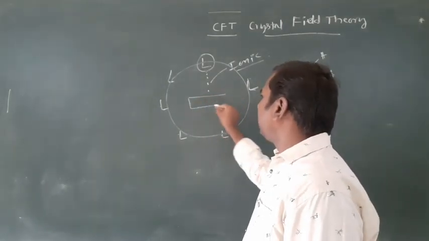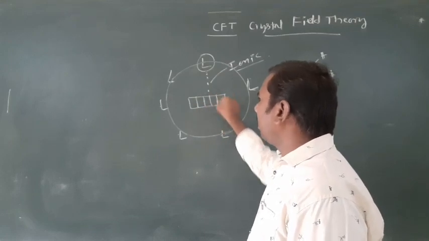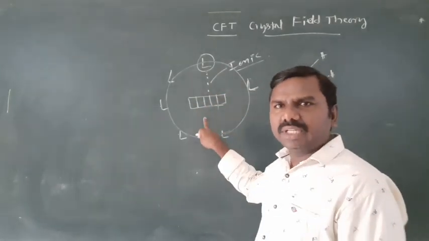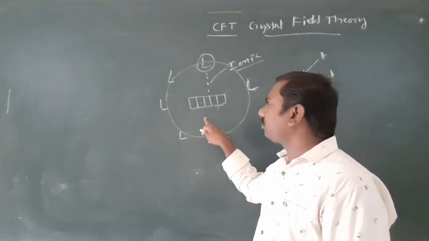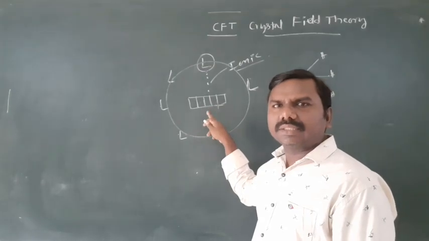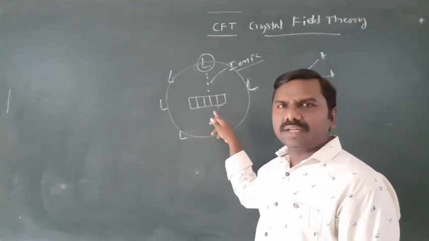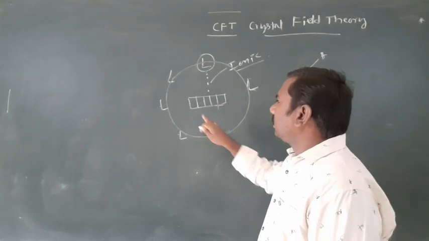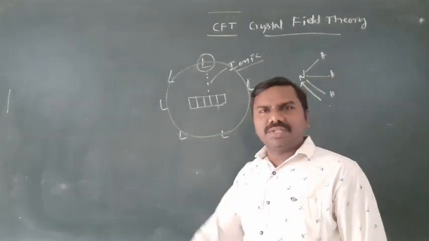It has d orbitals, totally 5: dxy, dyz, dzx, dx square minus y square, dz square. We read already that these all have the same energy.